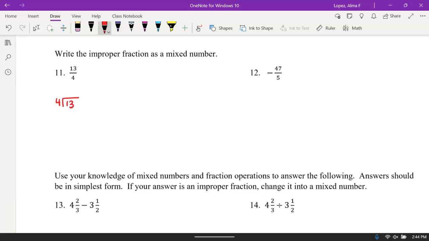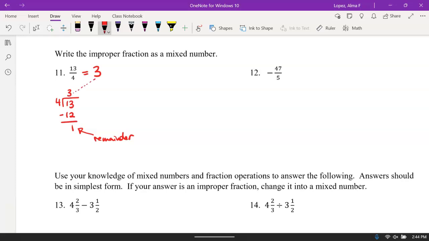4 goes into 13 3 times. 3 times 4 is 12, and we subtract. Now, before, we wrote that as a remainder 1. The remainder is now going to make up the top of the fraction that is going to go along with this whole number. So this is the whole number part.